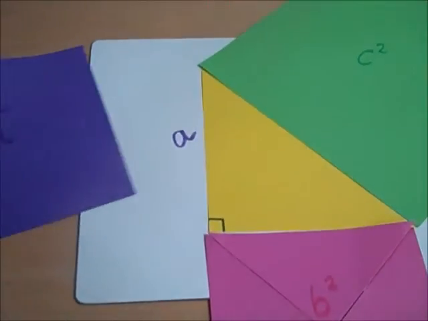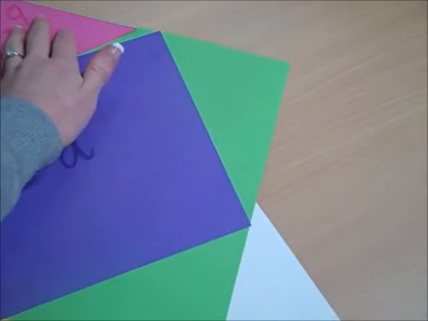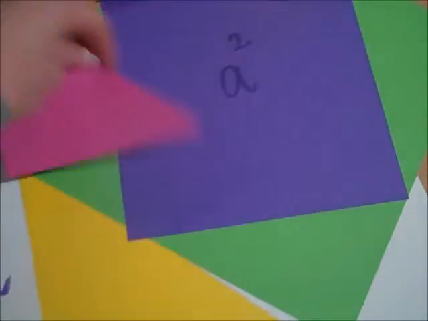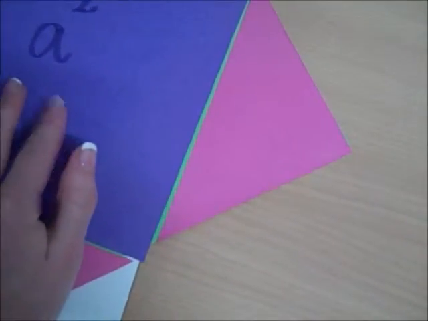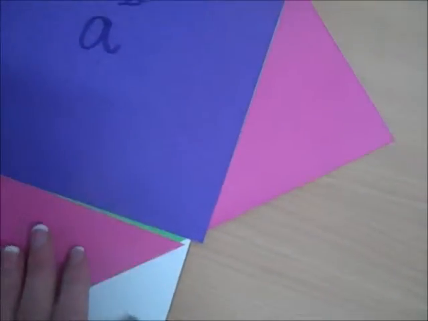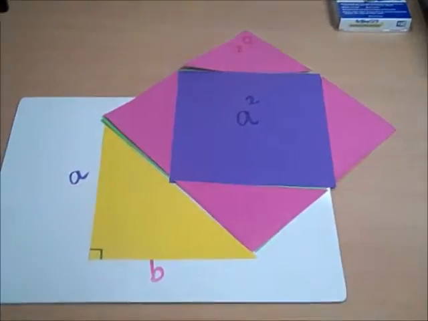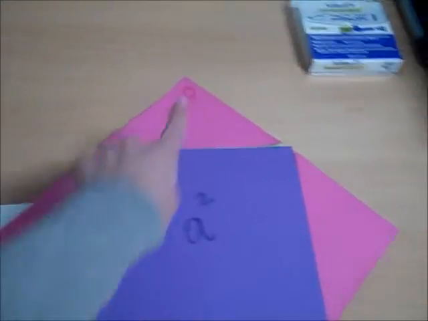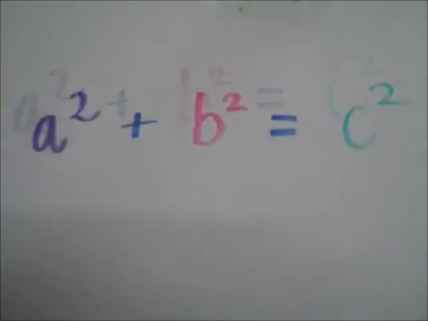I'm going to take the a, put it about the middle there, and take a little b squared, a bit more of my b squared, and with a little bit of adjusting, ta-da! The area of a squared plus the b squared that I may have chopped up completely covers and is equal to the area of c squared. So it turns out that good old Pythagoras, his theory was correct.